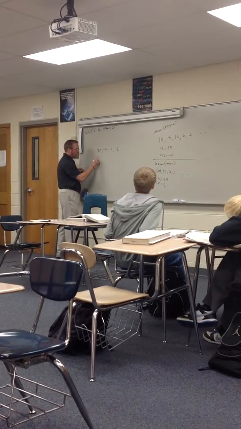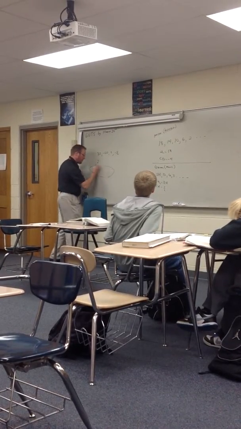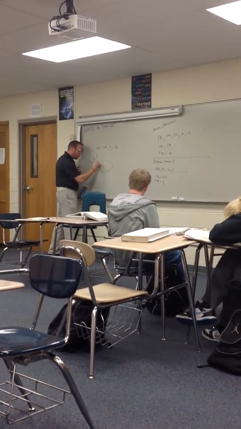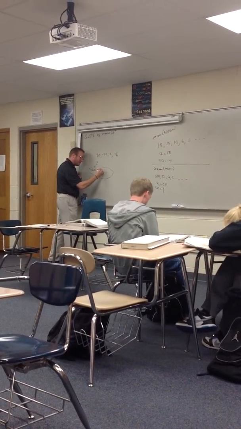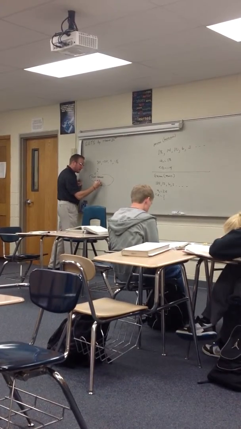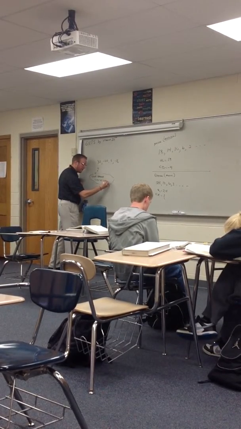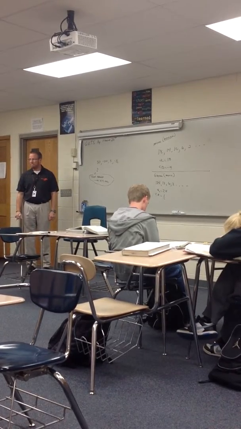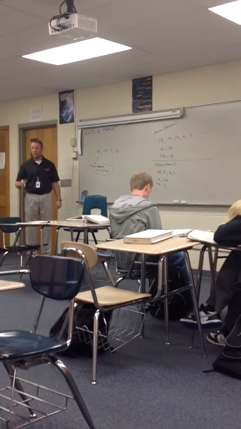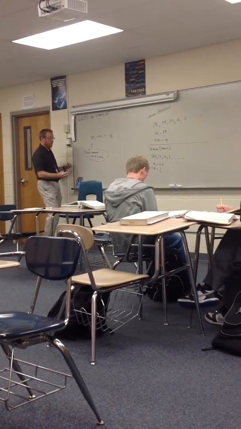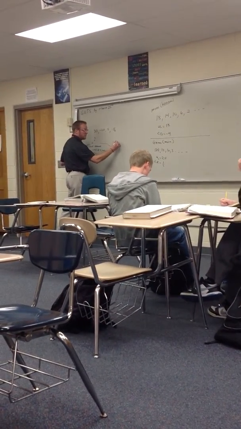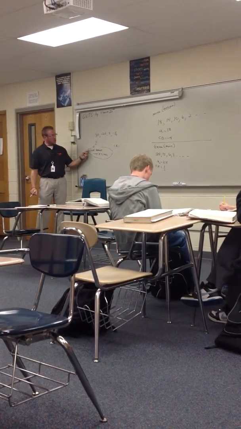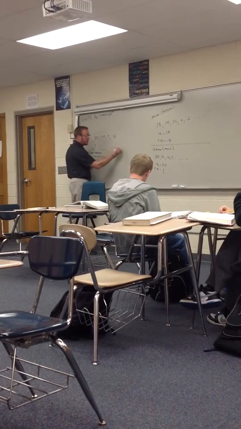So, thought: if the signs are changing, that means the common ratio is negative. Okay. First term, +80. Common ratio? What's the common ratio here? We just said if the signs are changing, it's going to be negative.